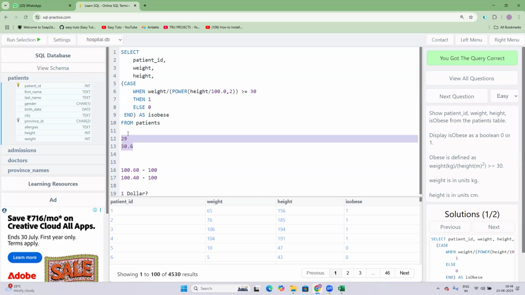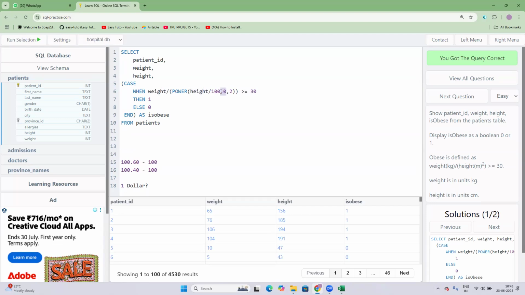So when I do height divided by 100, although my value, let's say, is 19.4, the answer I'll get is 19. But for the accuracy of my calculation, I want the value to be 19.4. That is why I am changing my whole output here to float.